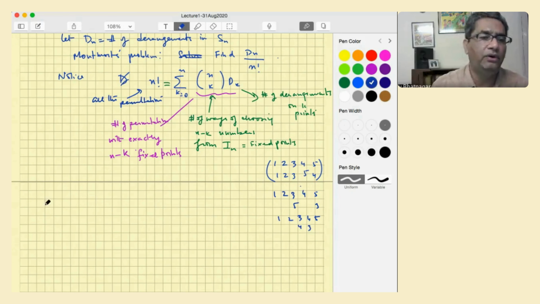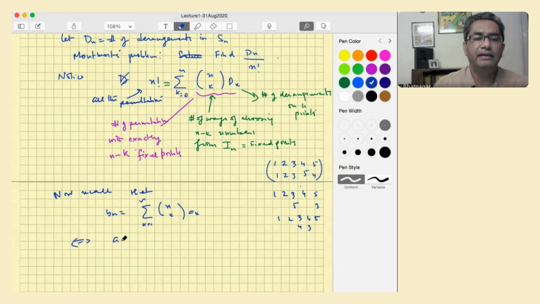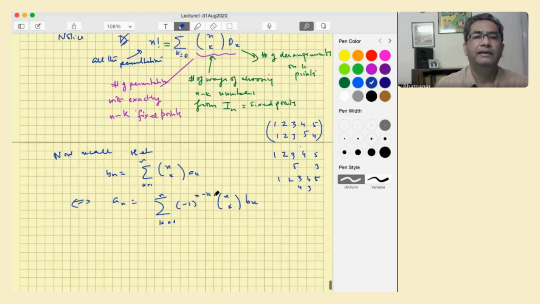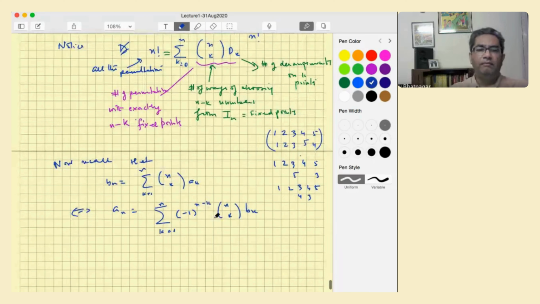Now you recall your homework problem. Recall that if Bn is equal to the summation of n choose k, k going from 0 to n, then an is equal to the summation, this is what you have discovered, n choose k bk, right? So this is of that form.